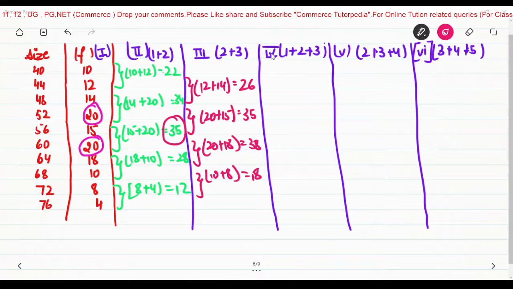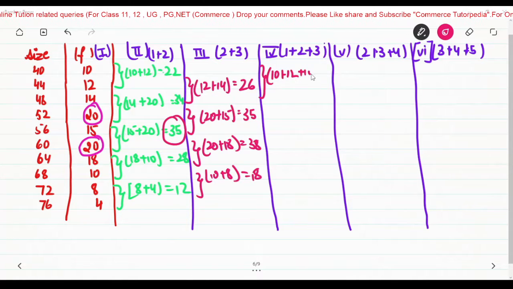In the fourth column, we are going to add the first three. We need to make groups of three numbers now because we have already made pairs and we cannot make more pairs. So when we add the first three frequencies, 10 plus 12 plus 14, we get 36.